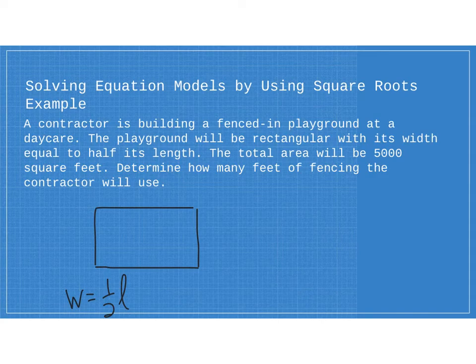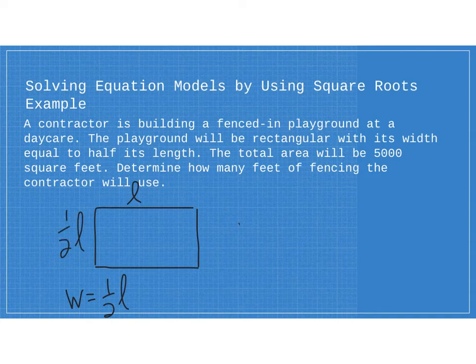So if this is our width and this is our length, we can replace our width with 1/2 L. That way we can have same variables, makes it easier to solve. So our width on this rectangle is just 1/2 of L.